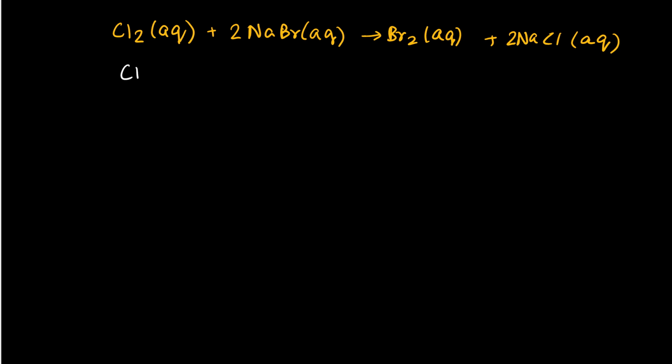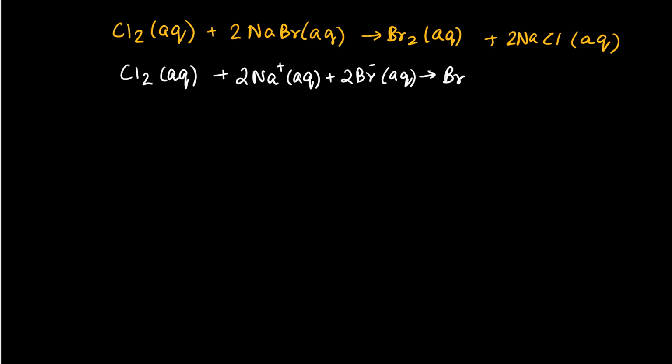Why am I not breaking it down? Because Cl2, I know by default, is a diatomic molecule, right? So anything that is purely a solid or purely a gas, I'm not going to break it down into any kind of ions. Now plus 2 NaBr aqueous, meaning there will be 2 Na+, again state symbols are important, plus 2 Br- aqueous, giving you Br2 in the aqueous form, and Br2 again is a gas.